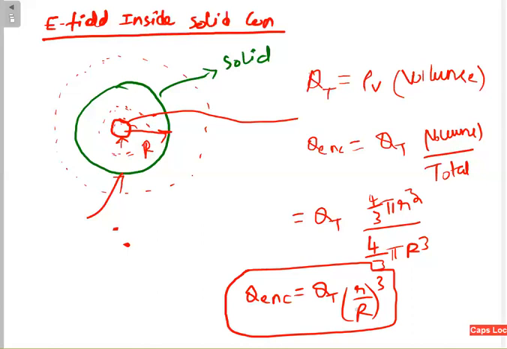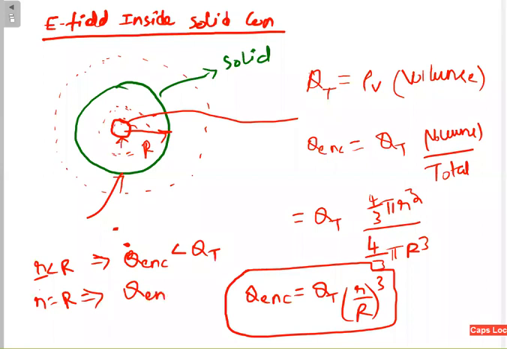It is very clear that if small r is less than capital R, definitely Q enclosed is less than QT. At exactly r equal to R, again it's clear that Q enclosed is equal to Q total, because once you are going to this surface, the charge enclosed by you is equal to the total charge.